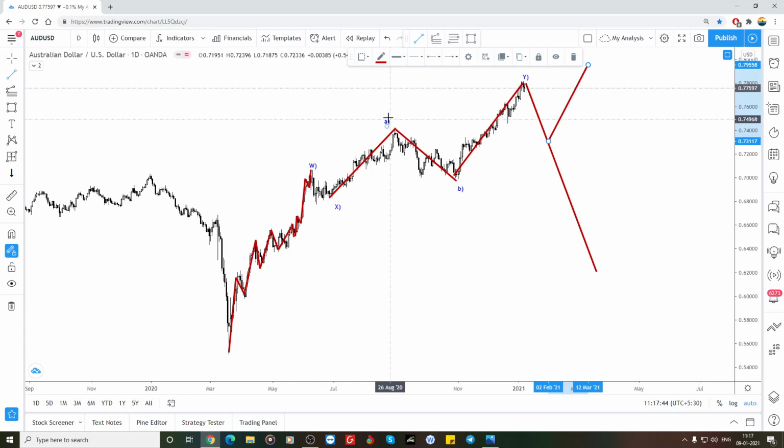If we wrongly place this as a W, X, A, B, and we are waiting for the C wave, the market will go from here itself.